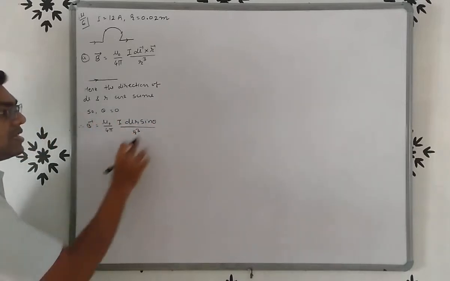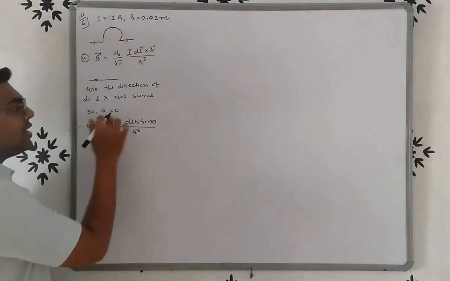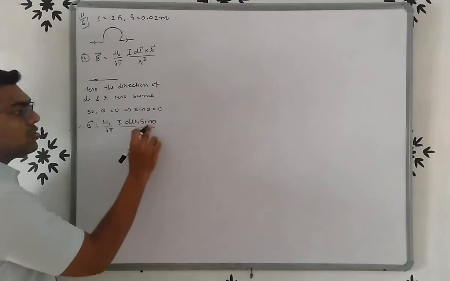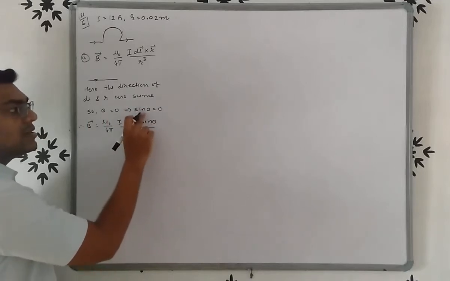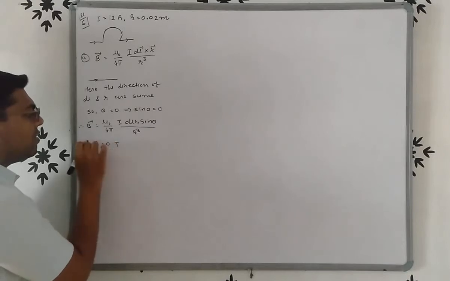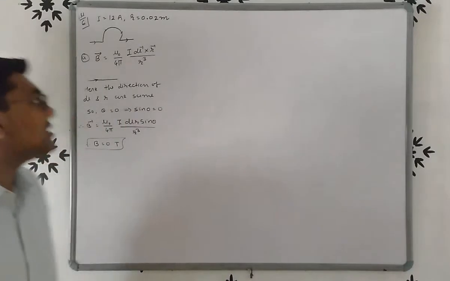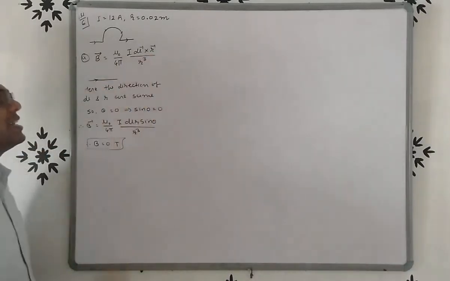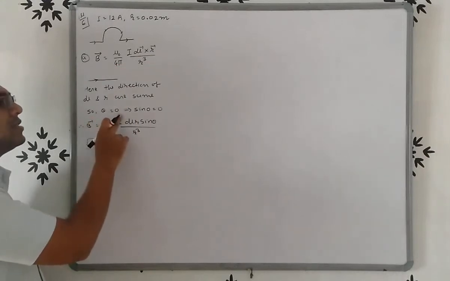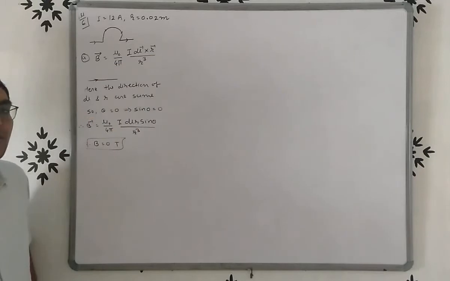If theta is 0, then sin 0 is 0, so sin theta is equal to sin 0 is equal to 0. So magnetic field will be 0. So for a straight wire, the directions of dl and r are same, so theta is 0, and we know that sin 0 is 0, so magnetic field will be 0.